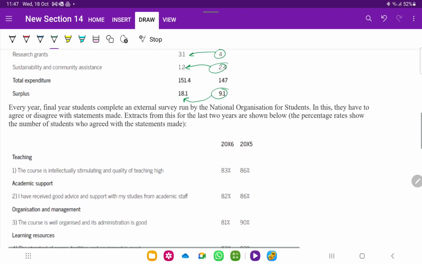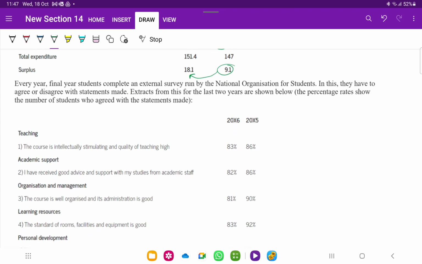Right. So now what they say is that every year, final year students complete an external survey run by national organizations. This is usually called the exit survey, because when students are studying in the university, sometimes they do not provide you the true picture of what they are facing in the university: what kind of pressure, what kind of teacher behavior, what kind of facility problems there are.